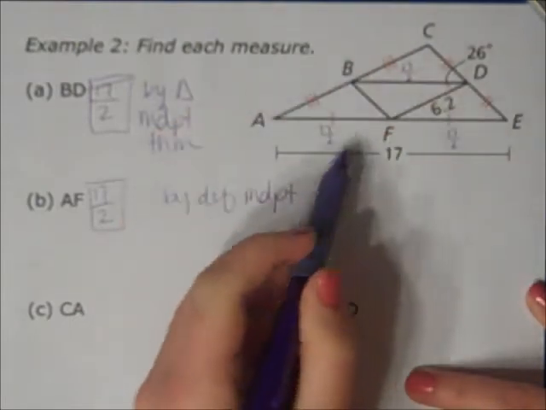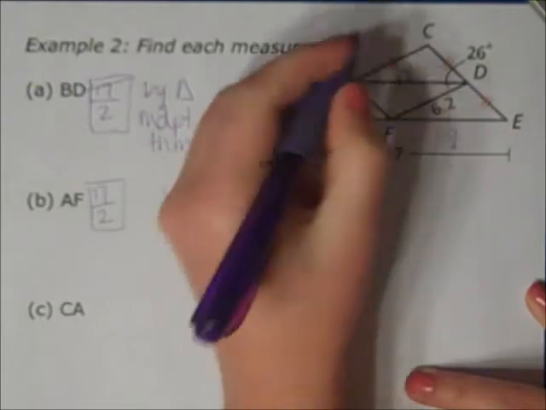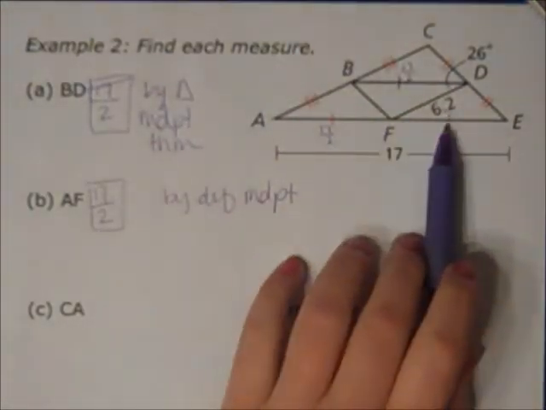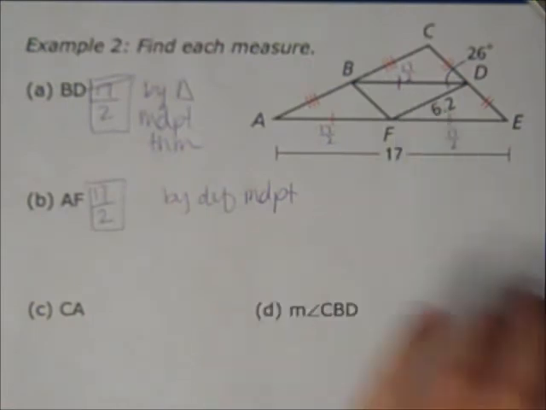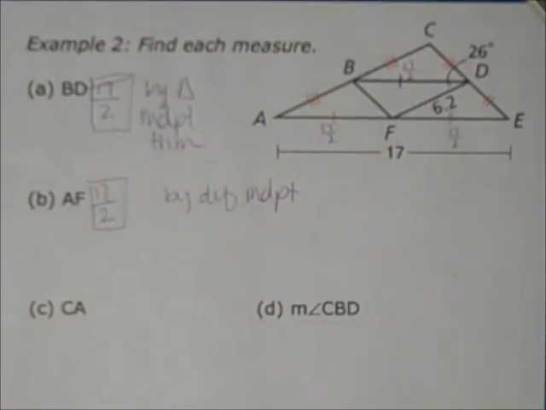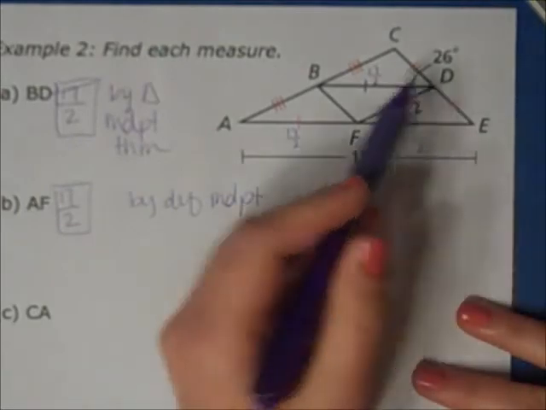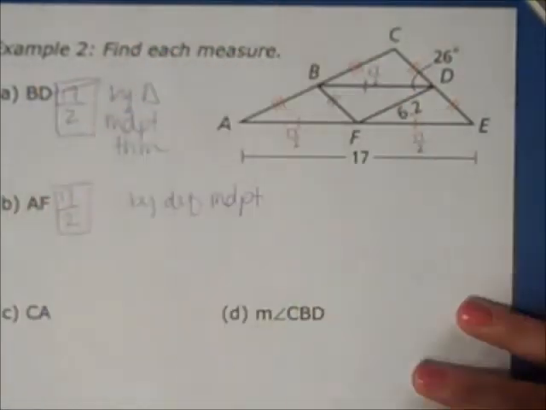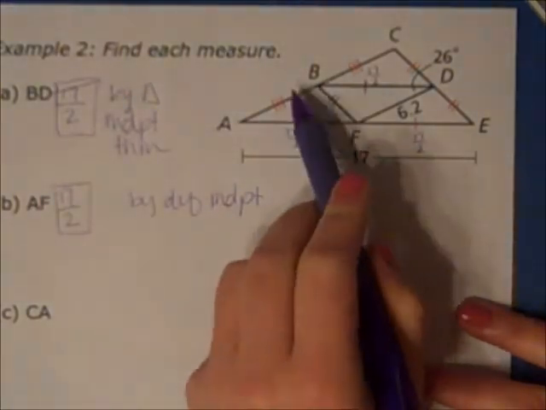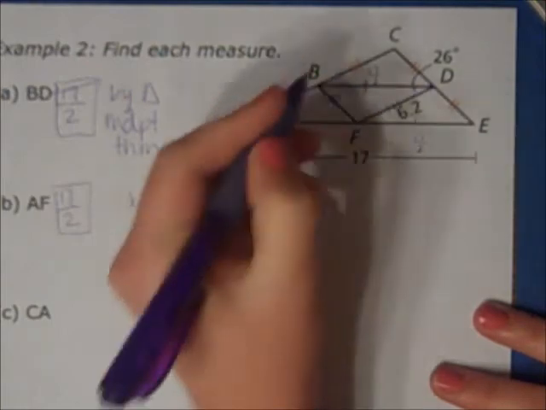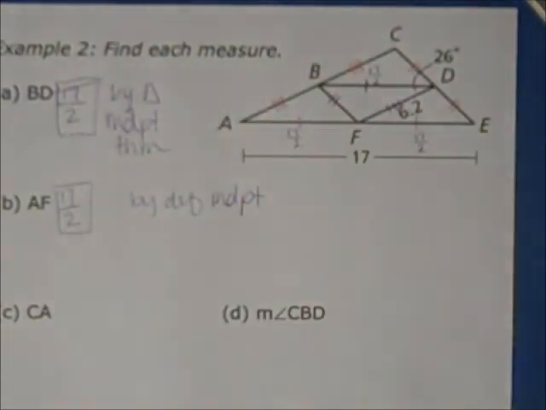So actually, the mid-segment is congruent to the half pieces over there. So AF is congruent to FE, which is also congruent to BD. And this is going to be true all the way around the figure. CD is congruent to DE, which is also congruent to BF. And then lastly, AB is congruent to BC, which is also congruent to its mid-segment, DF. So that kind of shortens things for us later on, actually right now.